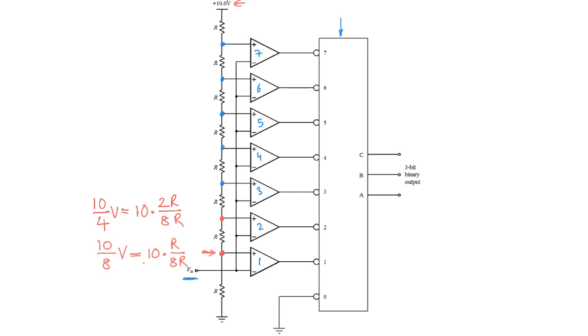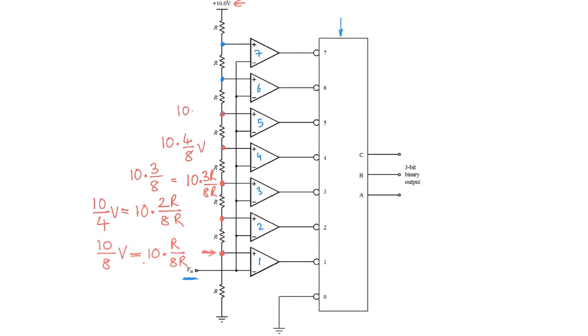Look at the voltage here. It's going to be 10 times 3R over 8R, which is 10 times 3 over 8 volts. In a similar vein, this one is going to be 10 times 4 over 8 volts, or 10 over 2 volts.